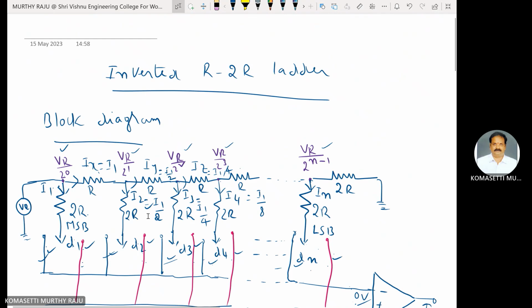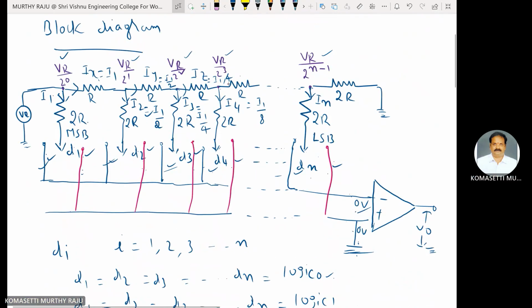This is the ladder network. Ladder network node voltages are VR by 2 power 0, VR by 2 power 1, VR by 2 square, VR by 2 cube, and so on, up to VR by 2 power n minus 1. These node voltages are fixed. The current flow through these branch resistances 2R is also constant.